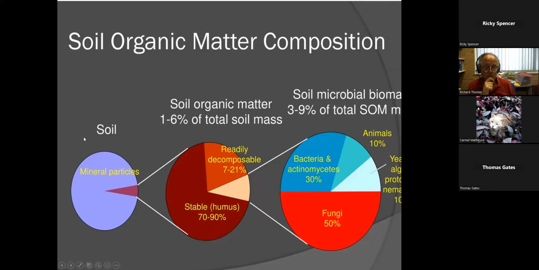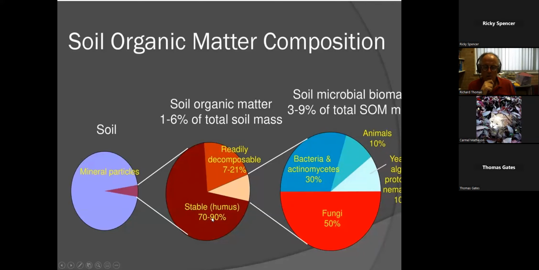What we are left with is the soil mineral particles, but the soil minerals on themselves don't contain much life, which is why Australia, for a large part of its landmass, is not particularly fertile. What we need to get is stable humus.